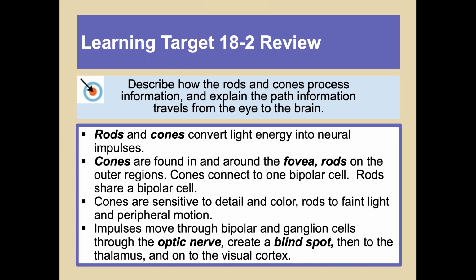Remember, cones are sensitive to detail and color, rods to faint light and peripheral motion, things on the outer part of your visual periphery. Impulses move through bipolar and ganglion cells through your optic nerve, remember that's coming out of your eye, and can create a blind spot there, where your optic nerve is, then to the thalamus and onto your visual cortex and your occipital lobe.